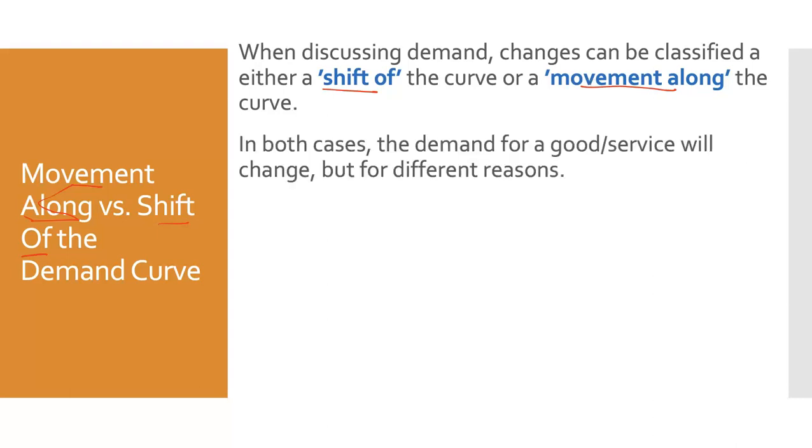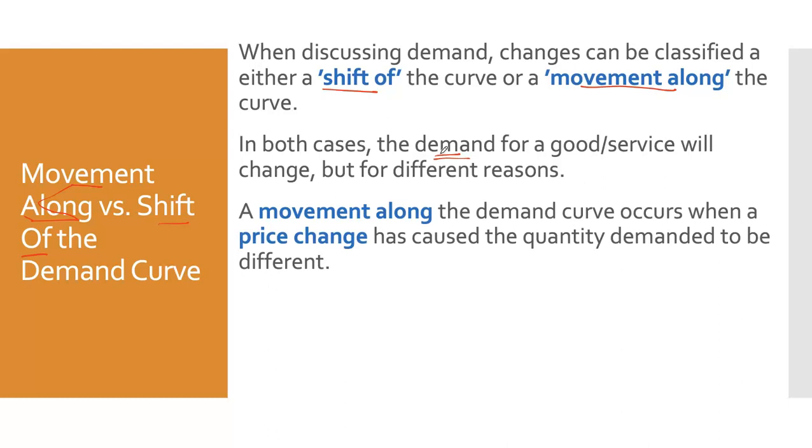In both cases, demand will change, but for very different reasons. A movement along the demand curve occurs when price has changed and price has caused the quantity demanded to be different. So the thing that has changed is price. So we have the same demand curve, but we have just moved along it, either having an expansion or contraction.